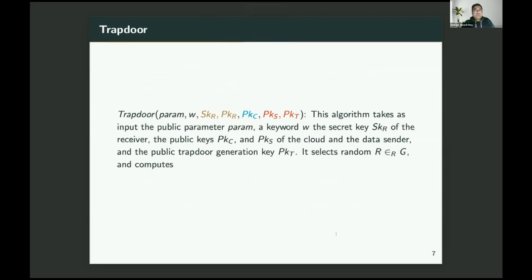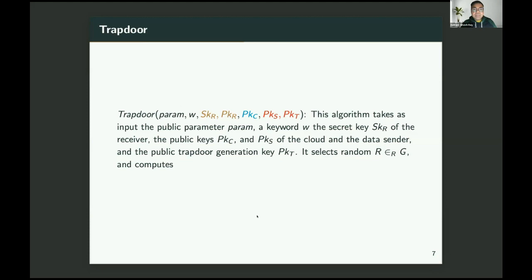Now, when it comes to the trapdoor generation, what is a trapdoor? You have your encrypted data in the cloud, and when it comes to the search of the data, your search needs to be protected because your search reveals your intent. So you don't go and search directly with your plain text search query. The search query needs to be protected. You convert your search query into the trapdoor. So who is searching?